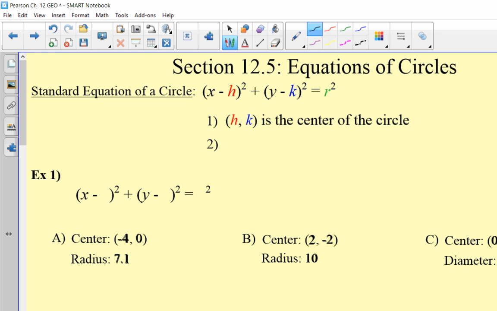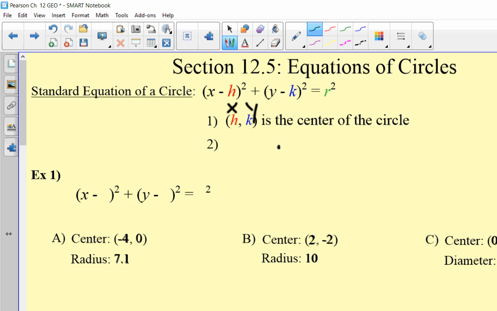So h is really the x value of the point that represents the center of the circle, and k is the y value that is the center of the circle. Okay, so we had to change it so you really know, hey, this is an important point, because if you just give me some random x and y, is that the center or not? So using two different letters to represent something else.